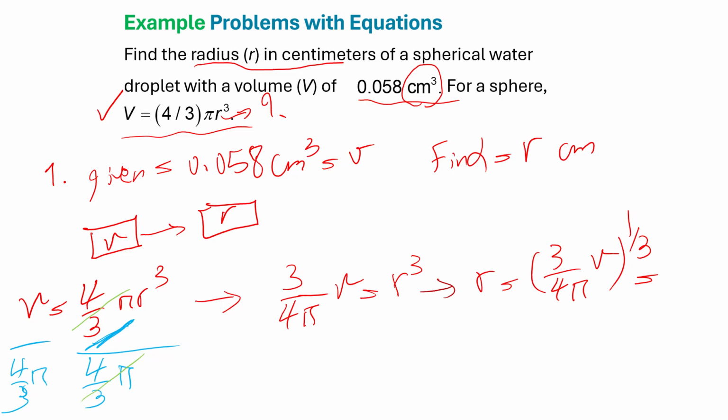The last step is we plug in the value that we have in the formula. R equal 4/3.